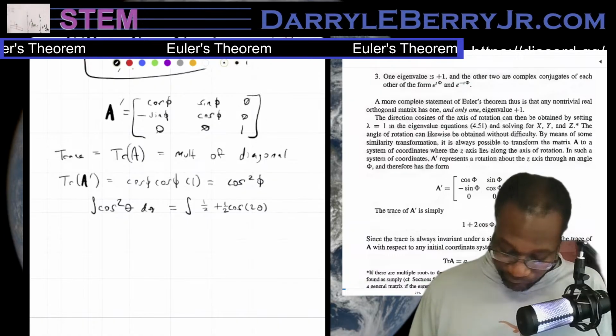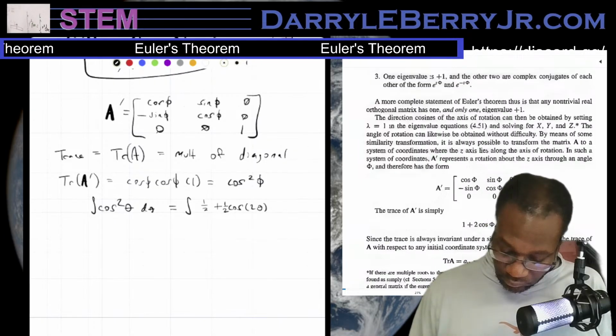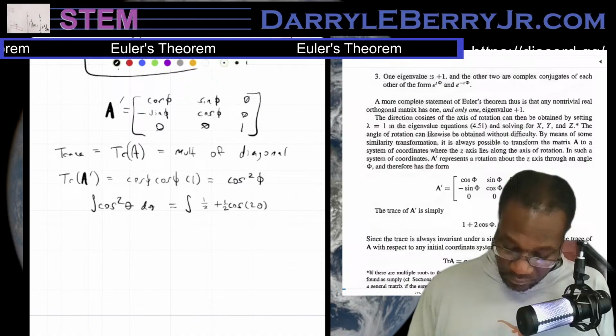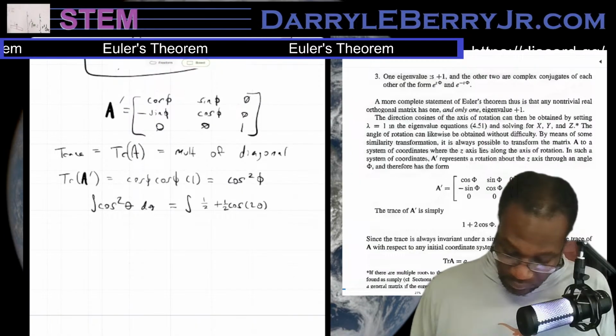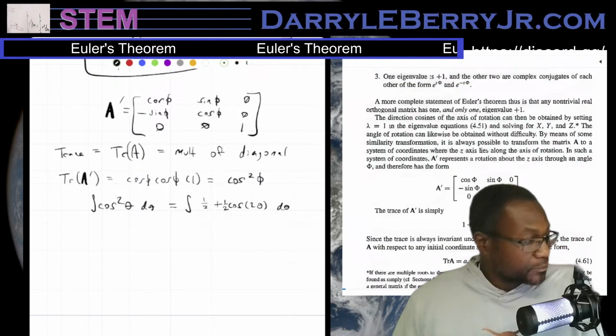I think that's right. We need to check on that. I believe this is the identity they're using. Nope, they don't have the double angle. Crap. What are you doing there?